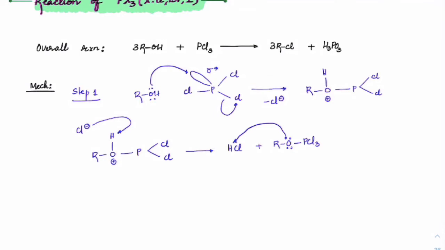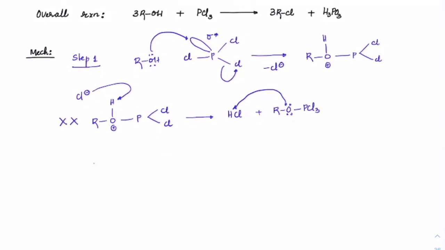So usually this step has to be avoided. Chlorine does not react with the proton directly. Instead, Cl minus will act like a nucleophile only and attack on the alkyl group. This group will leave. So we would get RCl plus PCl and OH.